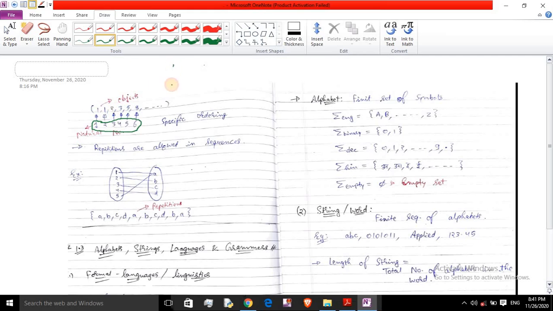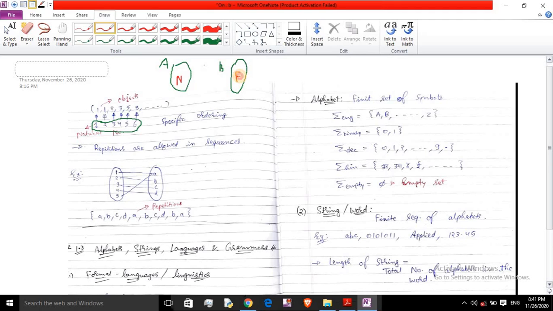There is a set called A, and there is a set called B. Now look at this part. This is the natural number and this is the Fibonacci number.